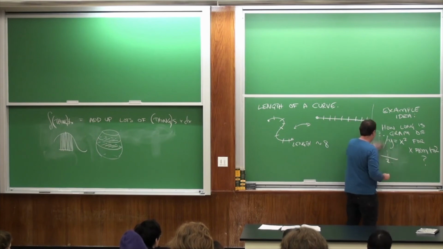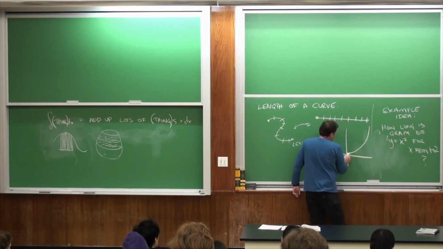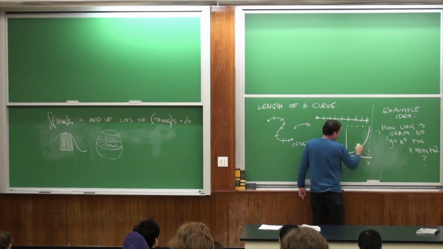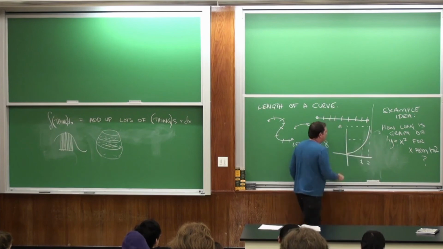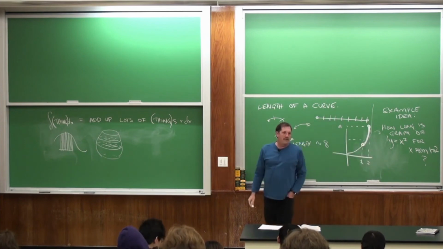It's a terrible picture. Let's try it again. Y equals x squared. So this is 2, this is height 4. Still bad. 1, 1. It's about right. So how long is this chunk of the graph?